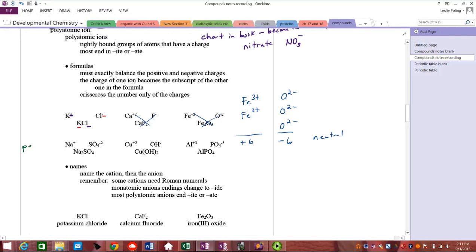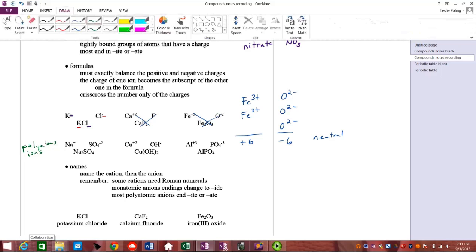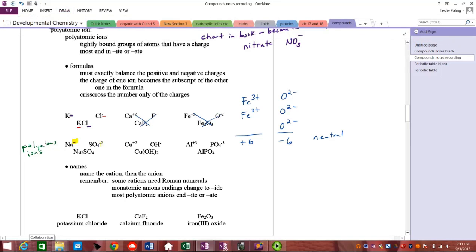Now, this second row all contain polyatomic ions, but we are still only crisscrossing the charges. The tightly bound formula, SO4, stays exactly SO4.